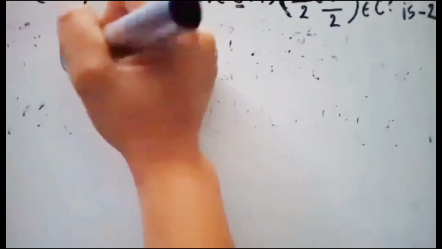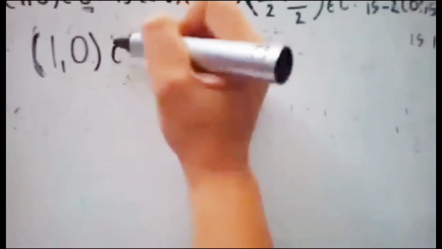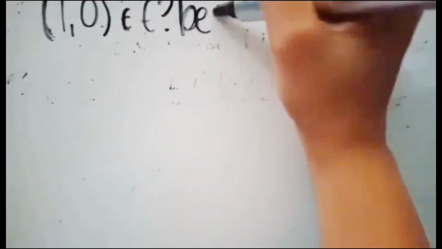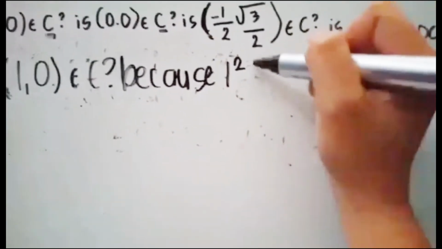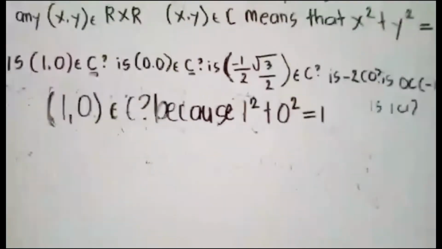Let's try (1, 0). Is it an element of C? Yes, because 1 squared plus 0 squared is equal to 1.